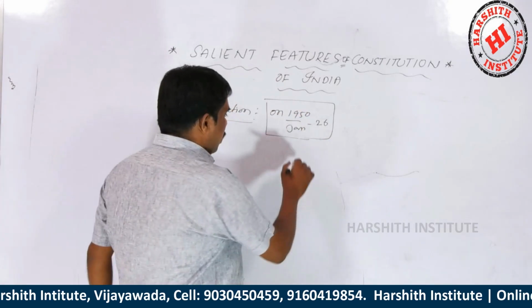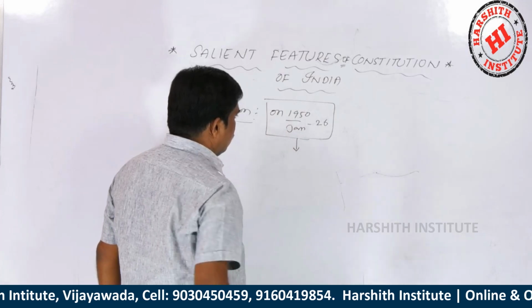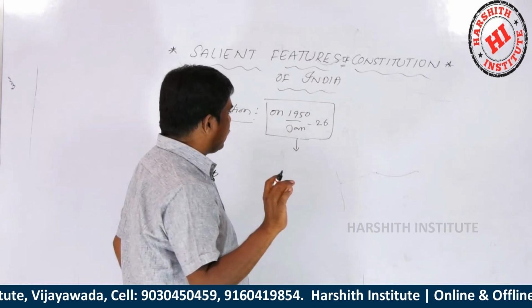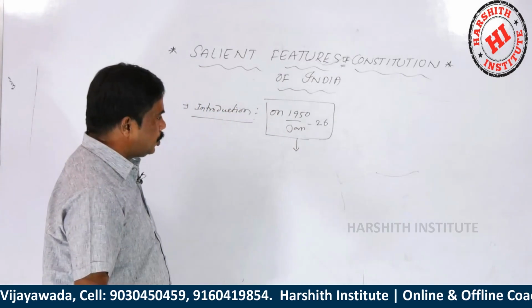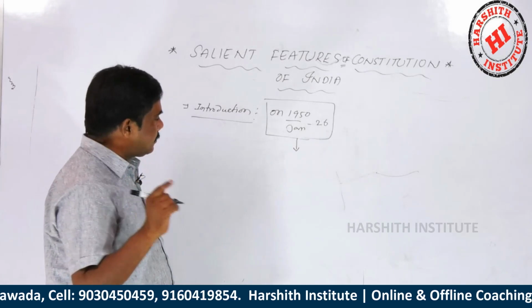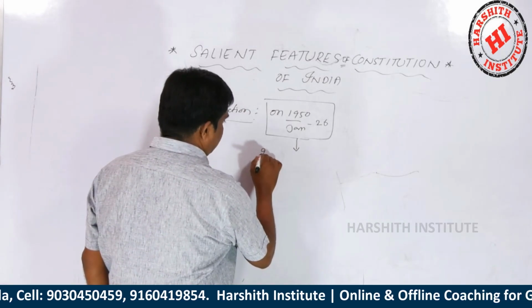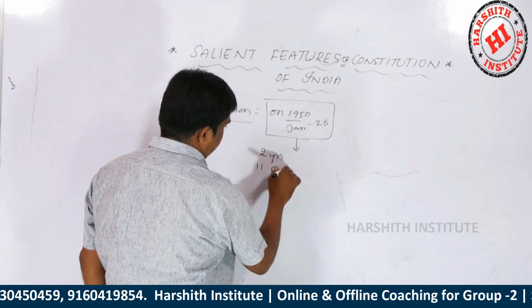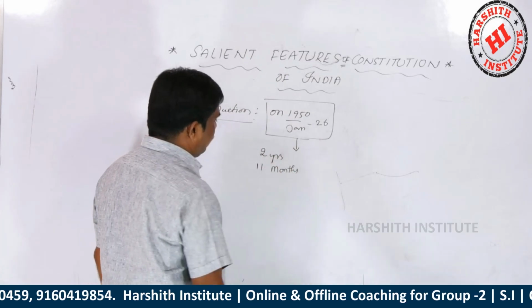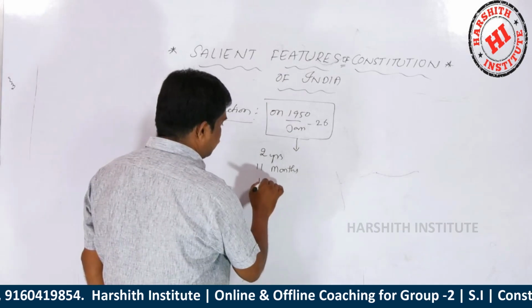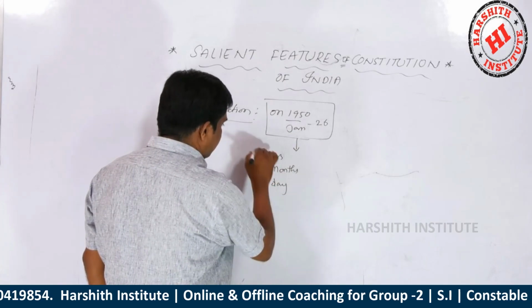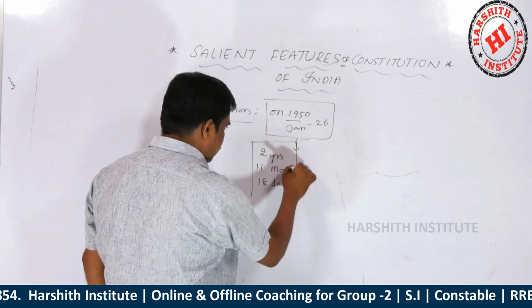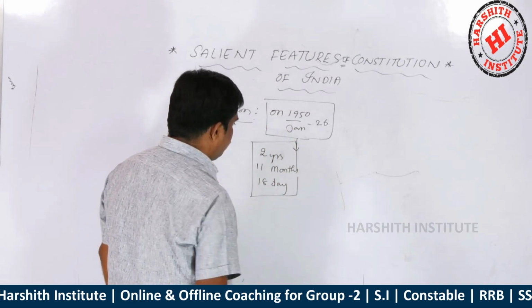Okay, do you know how many days were taken to write our Constitution? 2 years, 11 months, 18 days. This is the duration for making the Constitution.